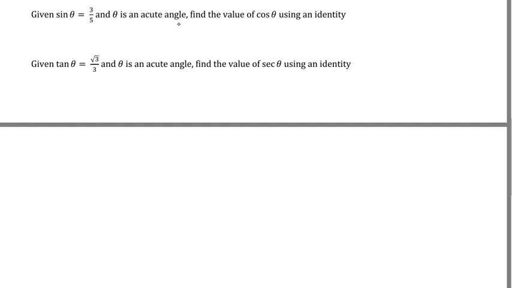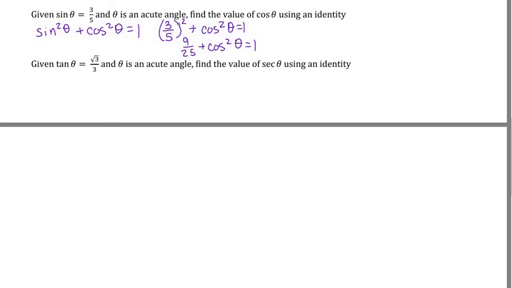Well, we want to use the fact that sine squared theta plus cosine squared theta equals 1, which means 3/5 squared plus cosine squared theta equals 1, which means 9/25 plus cosine squared theta equals 1.